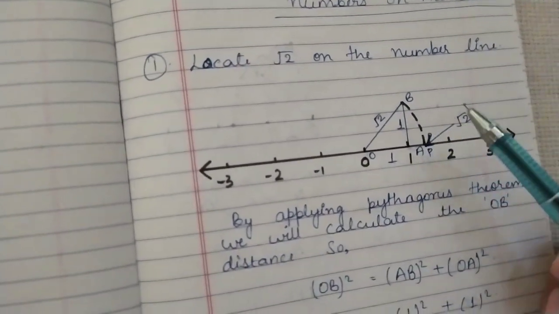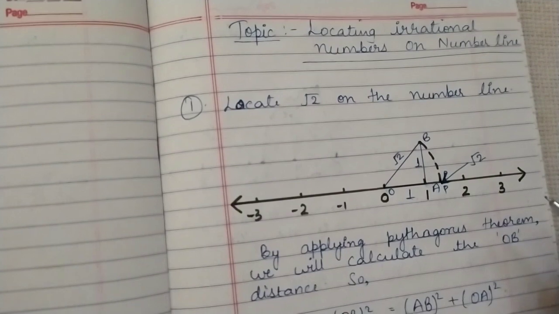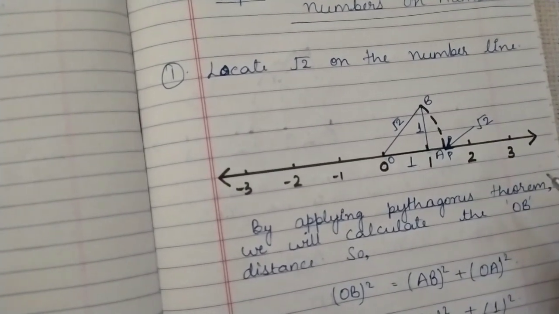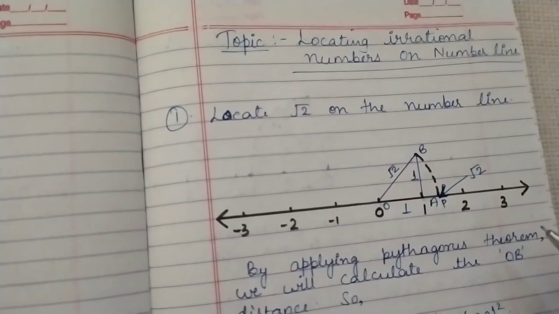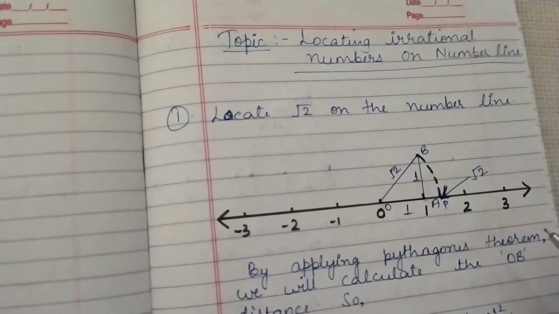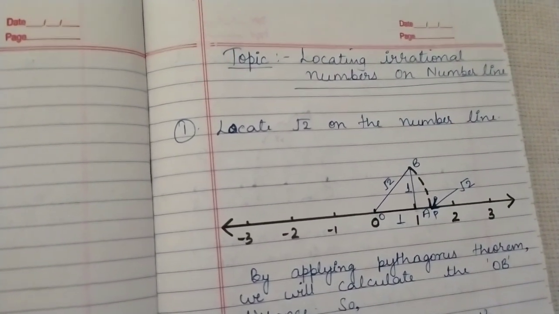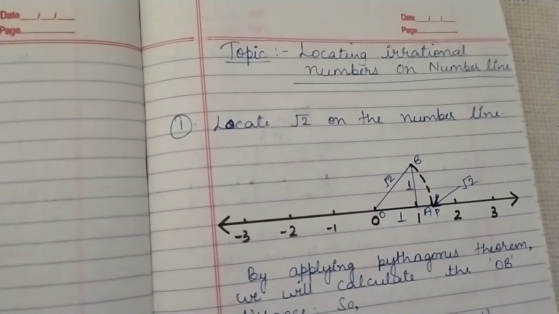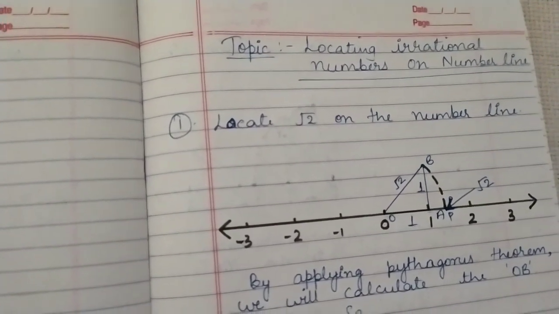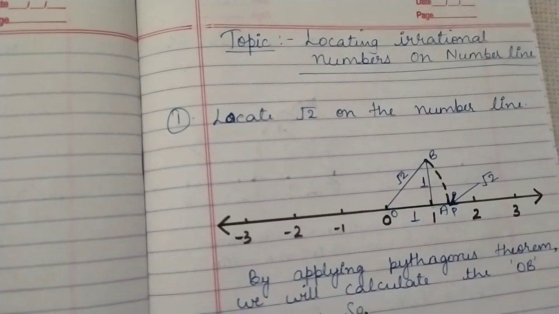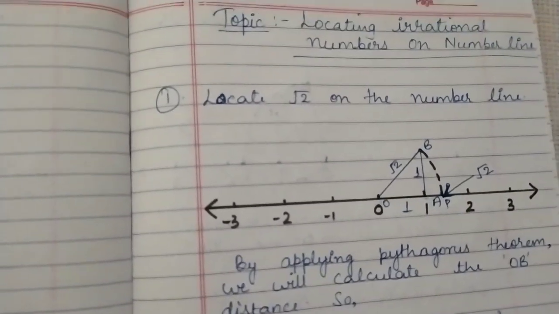Why do we use Pythagoras theorem over here? Because students, remember one thing: how does this irrational number come about? I am going to tell you that irrational numbers were discovered first by the mathematician named Pythagoras.